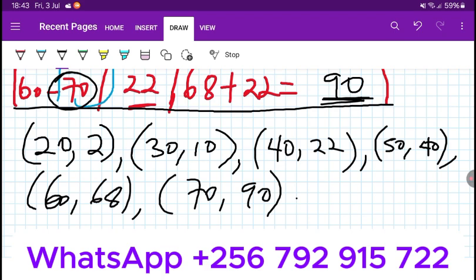Once we have plotted these points, then we go ahead to join the points. But now you see, this is going to be on our x-axis. We need to get the scale. We can maybe use the same for both.